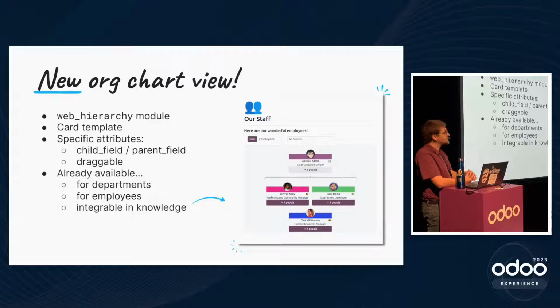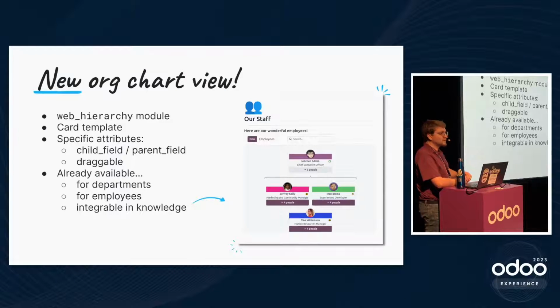It uses templates a bit like the Kanban view, so you can create templates for your view. And you have to specify specific attributes, either the child field or the parent field, that allow you to organize the hierarchy. You also have a draggable attribute, which specifies with a Boolean, true or false, if you can modify the hierarchy directly from the view itself, rather than going through the records and modifying by hand.